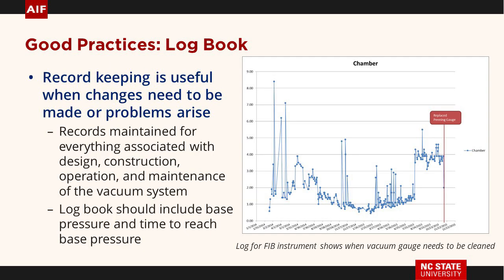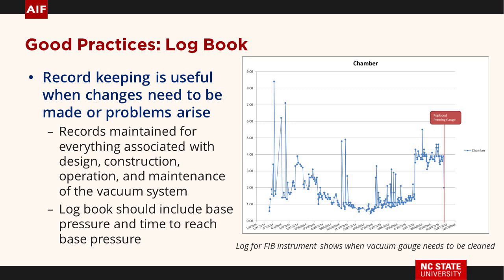Record keeping is very useful. So you should have a logbook. It can be on your computer, that's fine. This particular one is from a focused ion beam, and at this point, the gauge went bad.